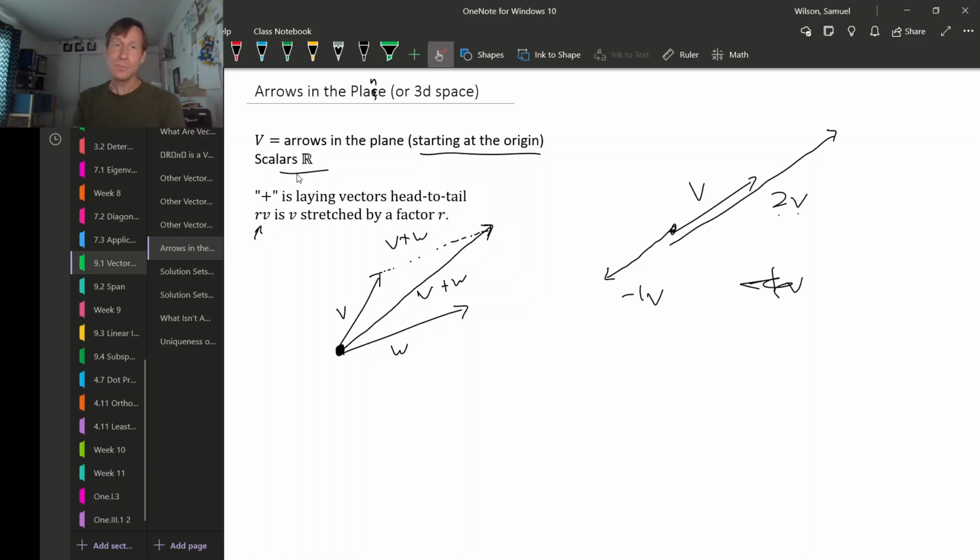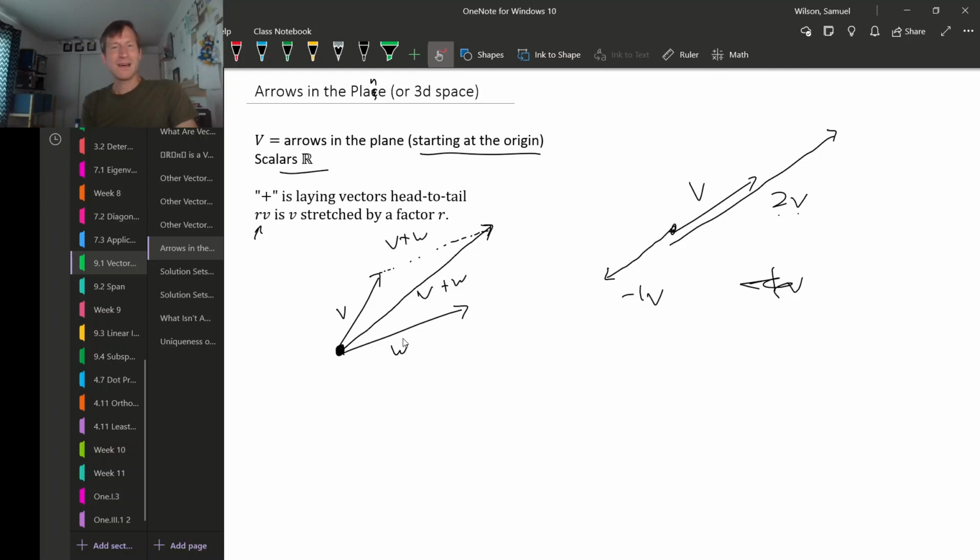Okay, with these definitions, now we have to check that big list of vector axioms to see if we have a genuine vector space. Clearly if we lay vectors head to tail, we're going to get another vector, so this addition is definitely closed. To see that it's commutative, here I've slid w over to the end of v, and we get this diagonal vector v plus w.